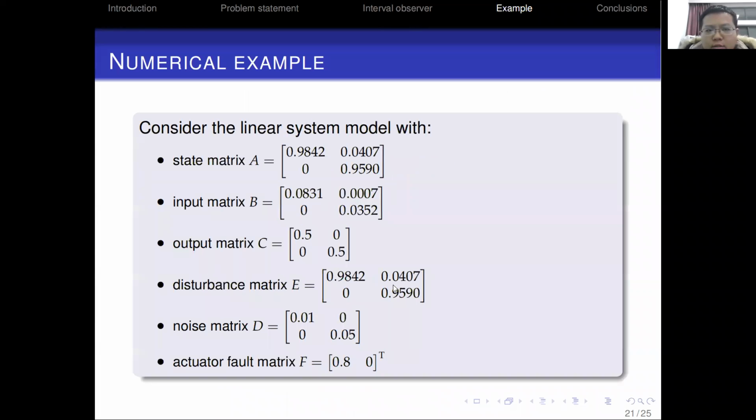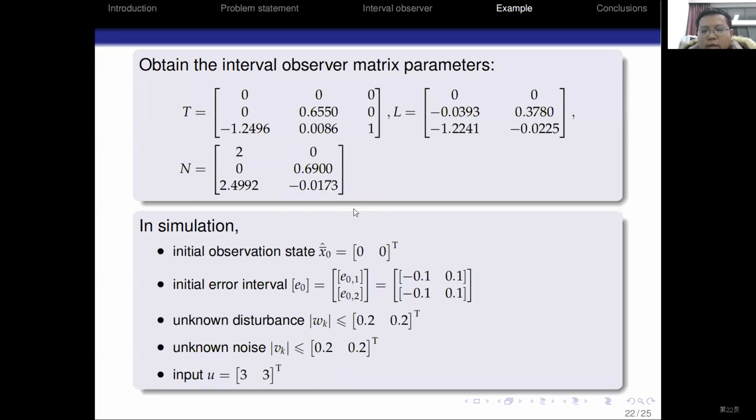And at last, we give an example. We set some state matrix, input matrix, output matrix, disturbance matrix, noise matrix, and the fault matrix. And then we use the theorem in Zhenghua's paper, and we can get T, L, and M. And then we make some simulation tests.